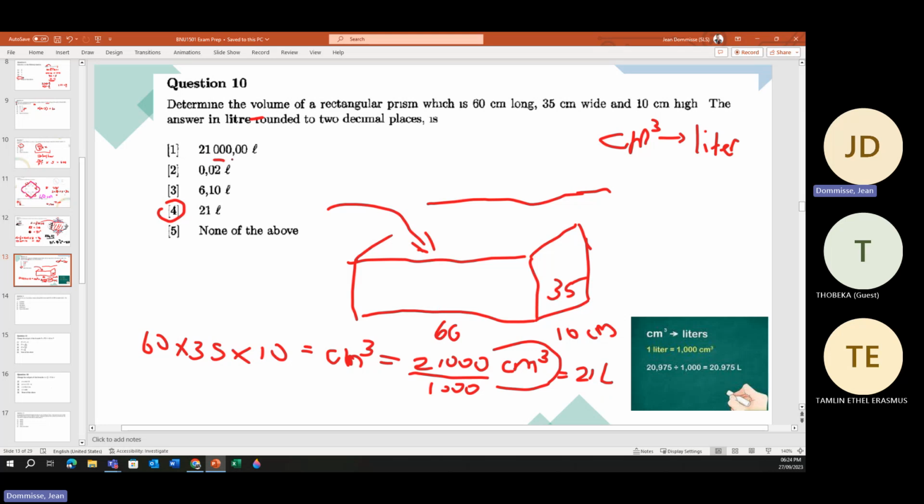So I can't just say 1 cubic centimeter is 1 liter. 1 liter is actually 1,000 cubic centimeters. So again, the volume one they made a bit different, so that they can link it to liters and how much it will be filled.